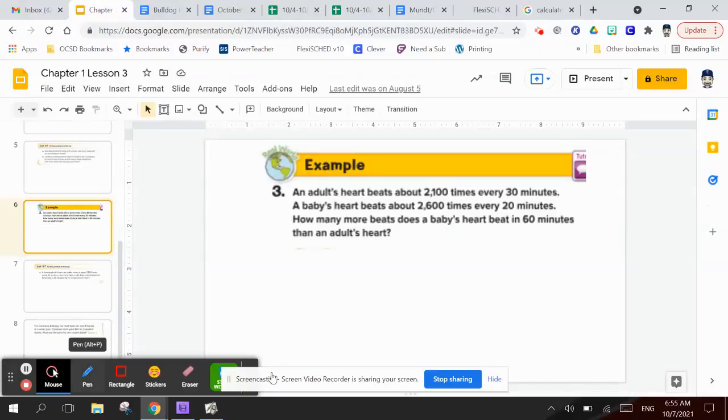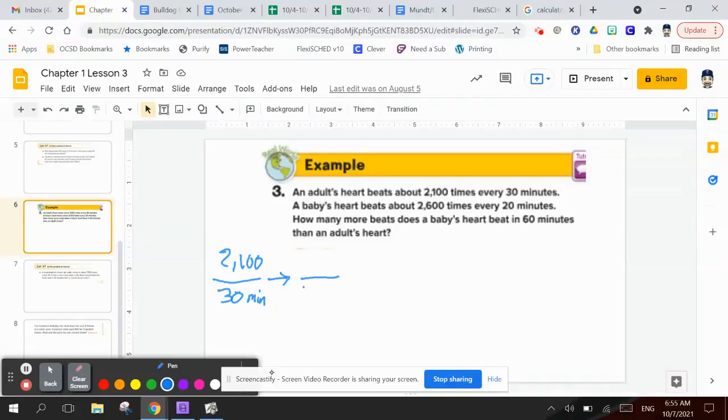ratio. So as I look, let's look at the adult heart. It is 2,100 beats per 30 minutes. So if I want to know in 60 minutes, so I'm not looking at a unit rate anymore, I'm looking at an equivalent ratio.